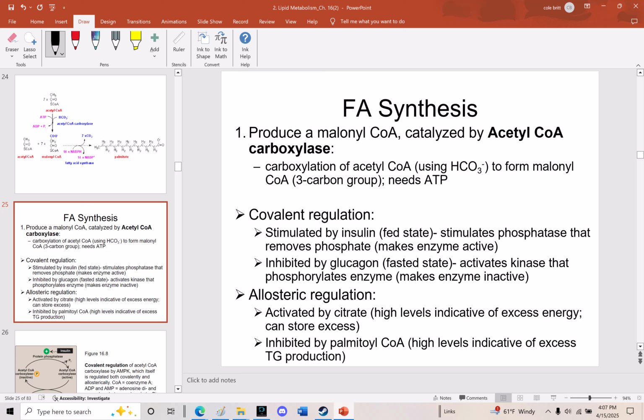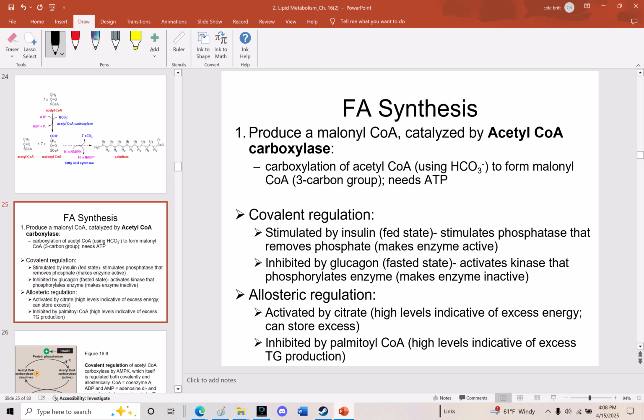That only is activated when you have lots of energy. So if citrate is around, that means you have excess energy. So citrate can go sit on acetyl-CoA carboxylase and turn it on. It'll actually activate that enzyme just by sitting on it.